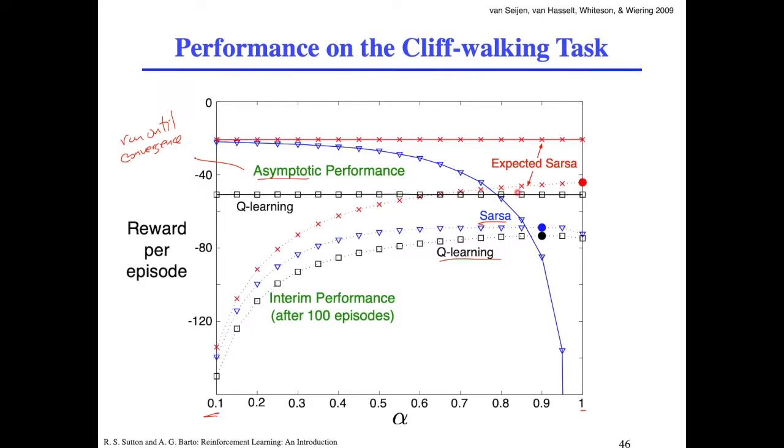You can see it usually passes Q-learning in this case, and its convergence is much better, and it's no longer sensitive to the learning rate because it's averaging across the different actions based on their probability.